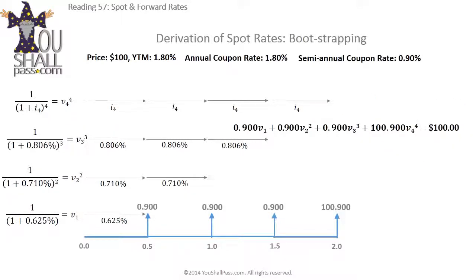We lay out the price equation here, the price of the bond being the present value of all future cash flows, and with a little bit of basic algebra, we end up with this value for the discount factor V4, and with some further basic algebra, we arrive at I4, which by definition is our spot rate for the fourth 6 monthly period, or the 24-month spot rate.